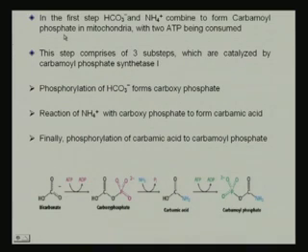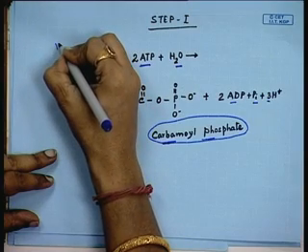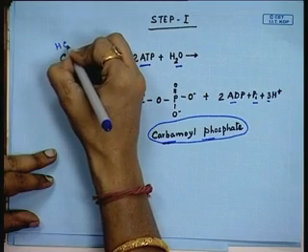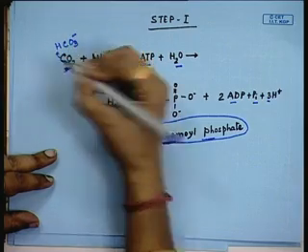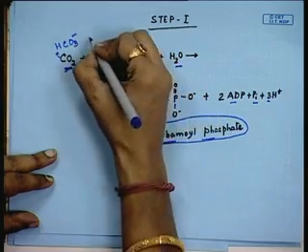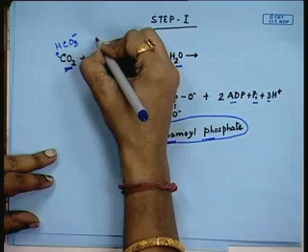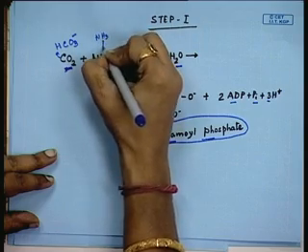So, we have already learned this carbamyl phosphate formation, where this bicarbonate, that is HCO3 minus, is contributed by carbon dioxide, and from ammonia, this ammonium ion is coming.